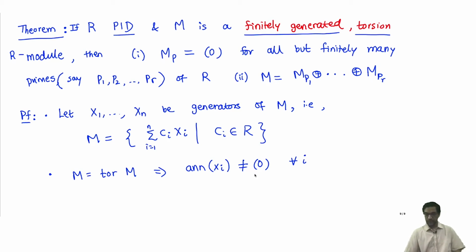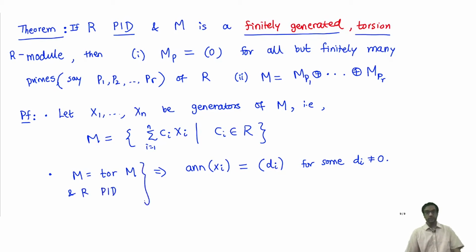And recall I already mentioned the annihilator is an ideal of my ring R. Since the ring is a PID, this ideal must be singly generated, a principal ideal. So the annihilator looks like this, (di), for some di which is not 0. Okay, so I've used the fact that M is torsion and R is a PID. So both assumptions have been used in this step. And this is for all i, for all i equals 1 to n.